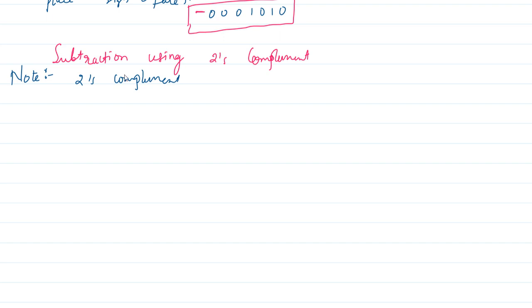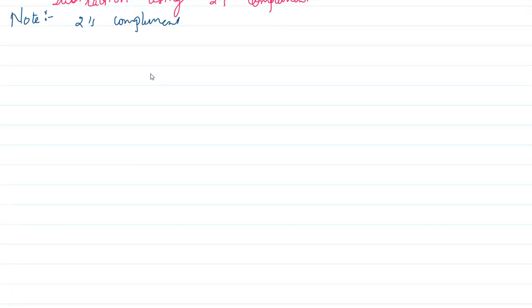Now, how to do this? Let me take an example to do that. You already know what 2's complement is. 2's complement is nothing but 1's complement of a number plus add 1 to it.